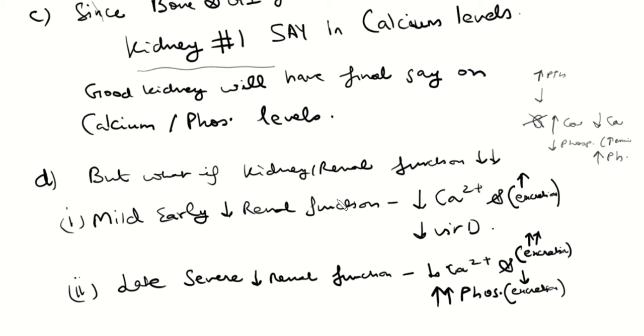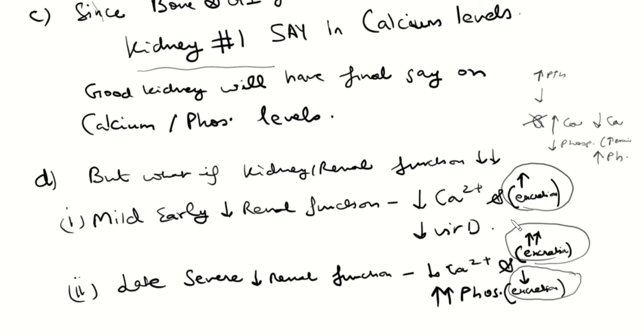Now, with kidney disease, what is seen, again, it goes through different stages. So early mild stages of kidney function, renal function that's going down, it is more focused on increased excretion of calcium. Later on, it not only excretes a lot of calcium, but there's also a big decrease in the phosphorus excretion.